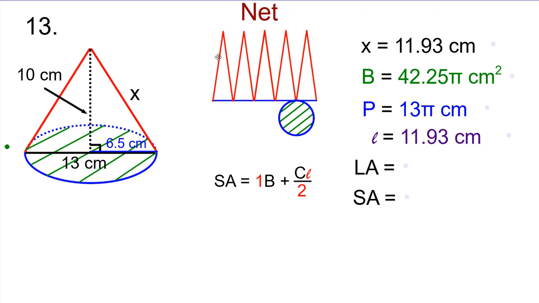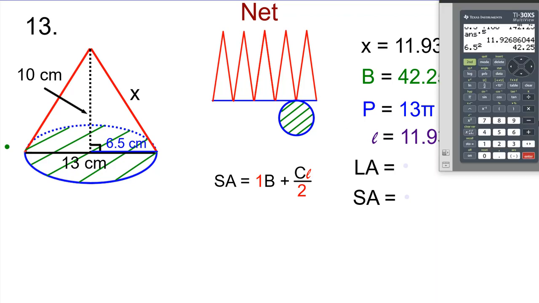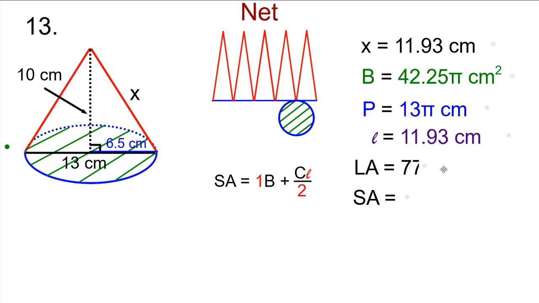The height is our slant height of 11.93, and then we divide it by 2. So basically 6.5 times 11.93, which gives us 77.55, I think is what we round to. Yeah, on the answer bank. So 77.55 pi centimeters squared.